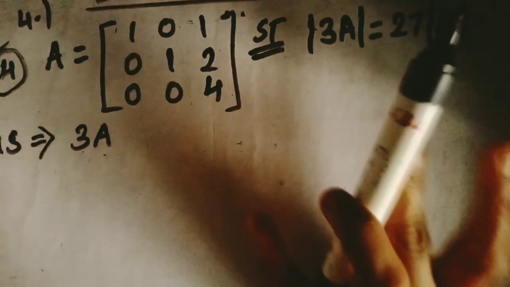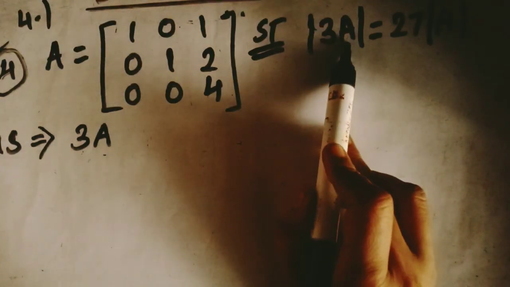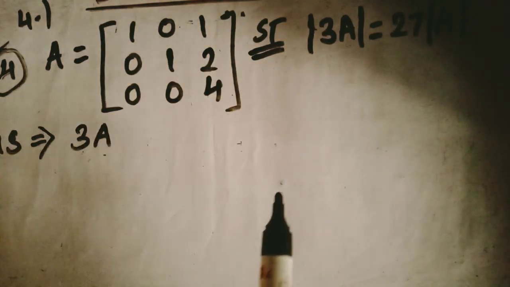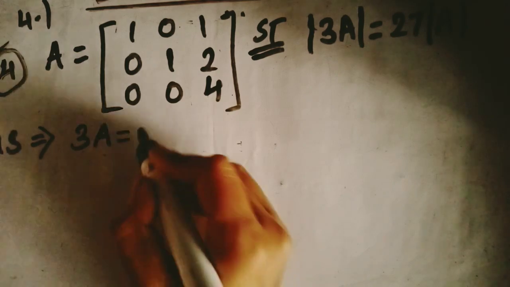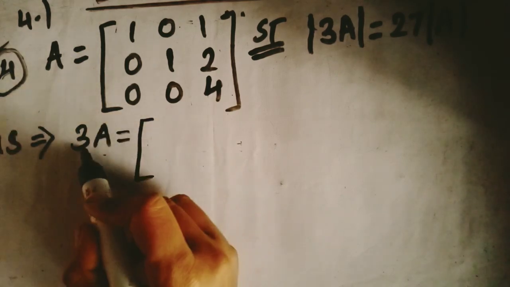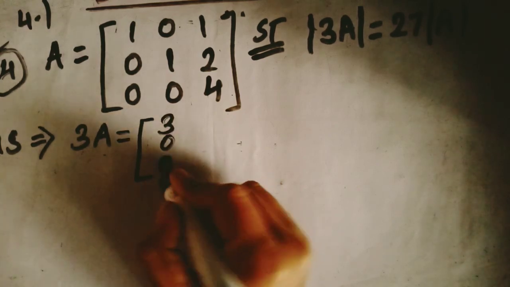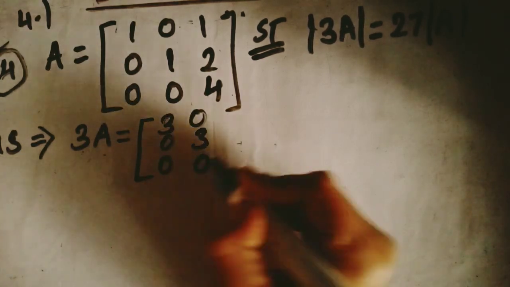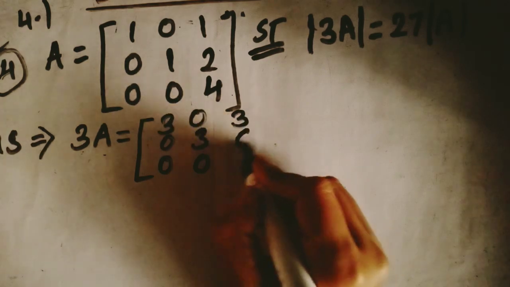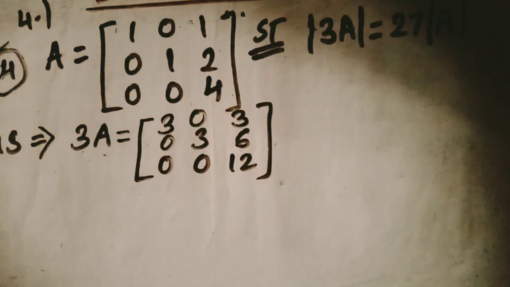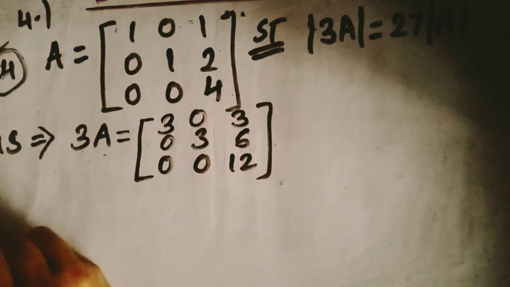So first you have to multiply by 3 to that matrix, and then you have to take the determinant. So 3 into A, so this 3 gets multiplied with all the entries. So 3 0 0 0 3 0 3 6 12. Now you take the determinant.